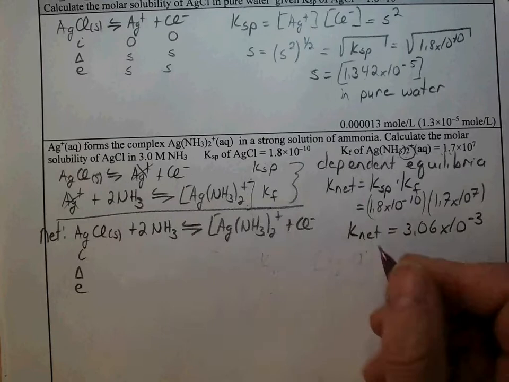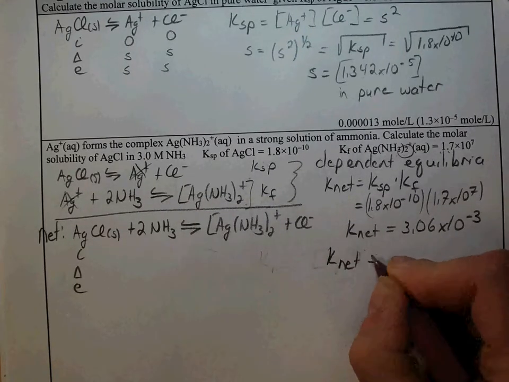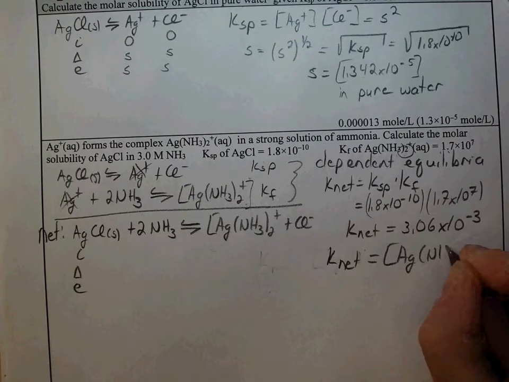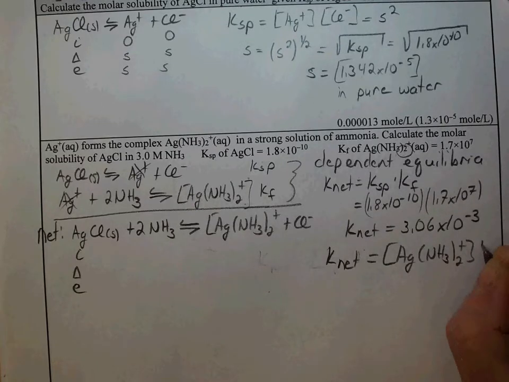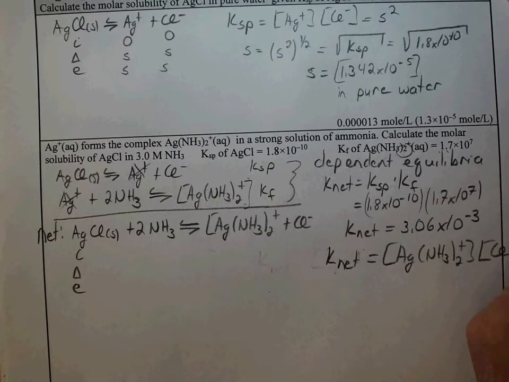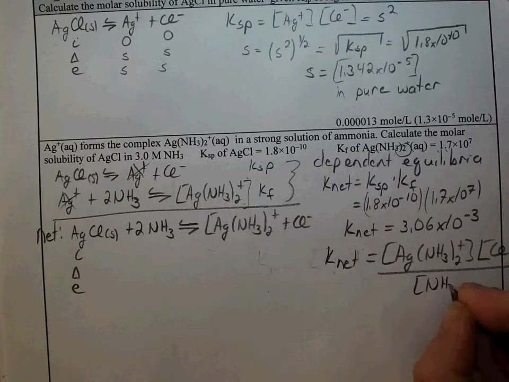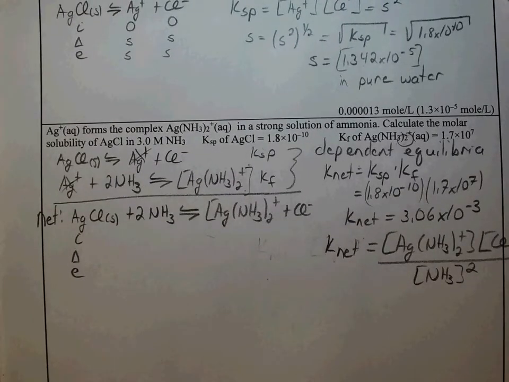So I'm just going to move this over. K net is equal to the concentration of Ag(NH3)2+ multiplied by Cl minus and divided by NH3. Its coefficient is 2, so that has to be squared.